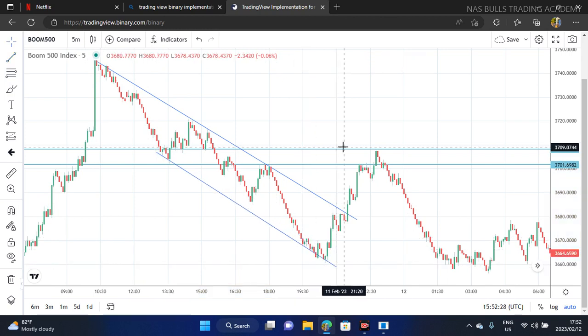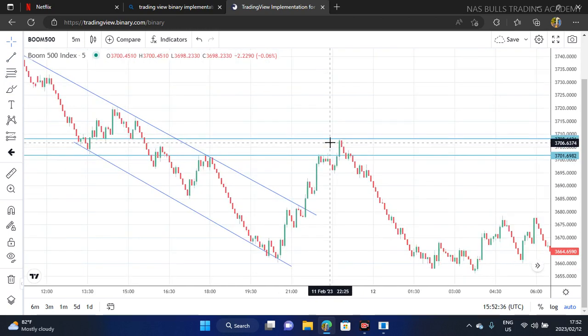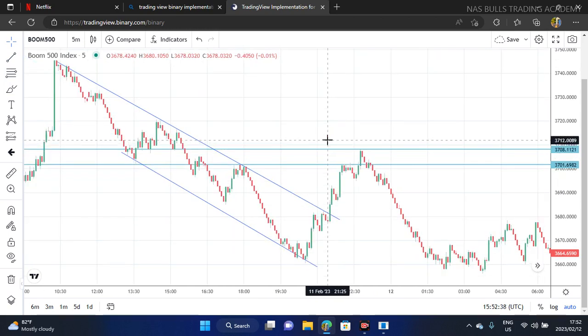Upon checking the market on Boom 500 M5, the market was on a downtrend. If the market is on a downtrend, at the end of the day we are expecting a buy trend, or let me say we are expecting buy signals.